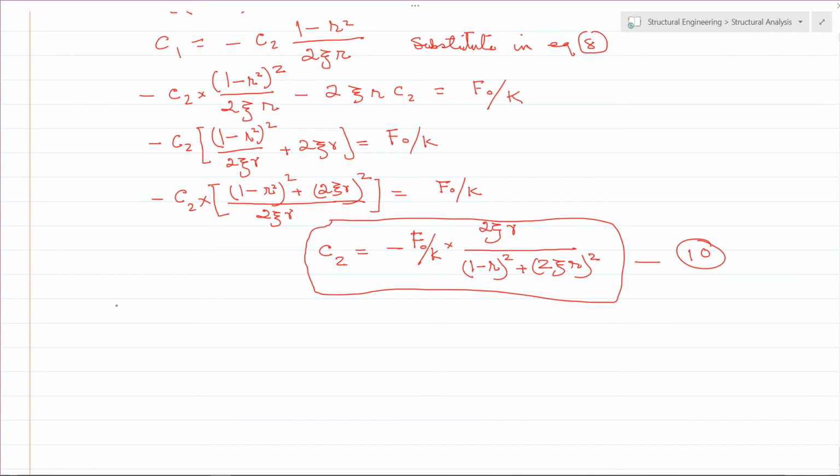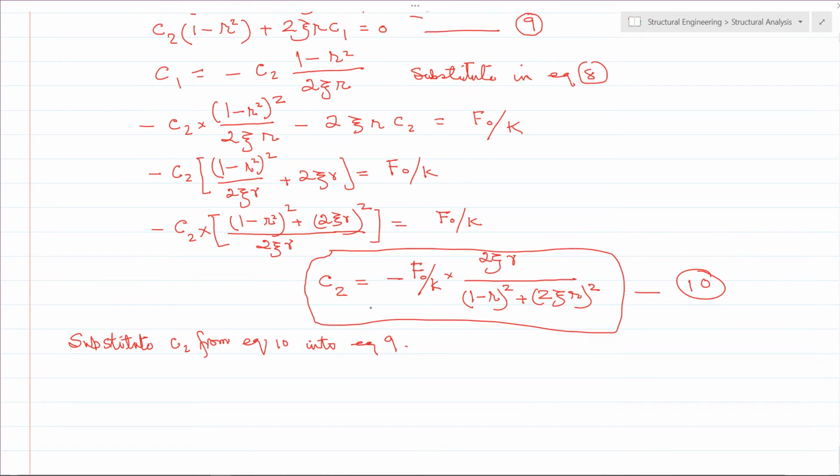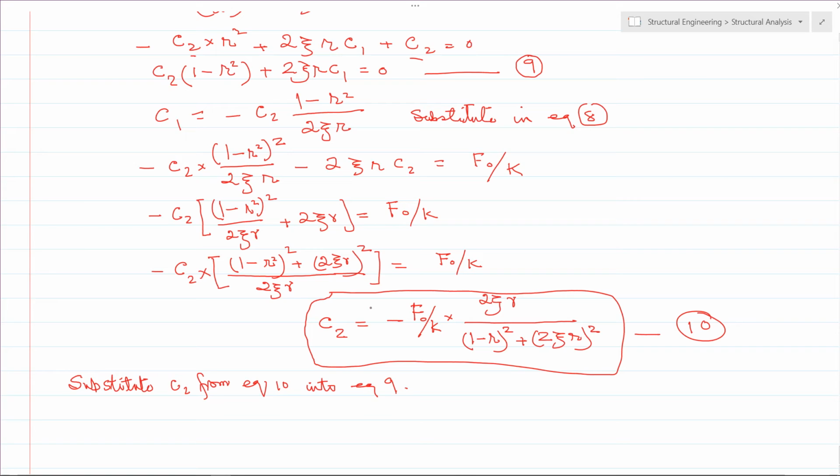So substitute C2 from equation number 10 into equation number 9. So our equation number 9 was C1 is equal to C2. We can use this equation instead of 9, right?